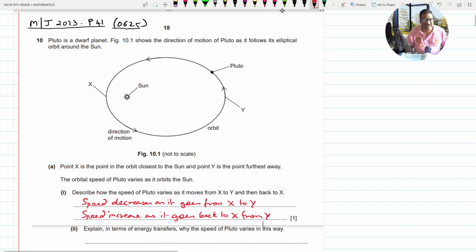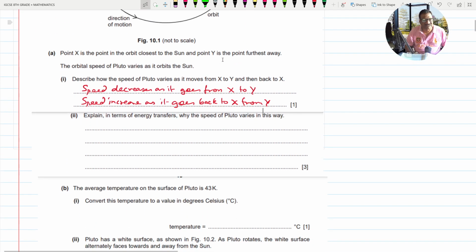Now A(ii). The question is: explain in terms of energy transfers why the speed of Pluto varies in this way. First of all, you should know that by the law of conservation of energy, the total energy remains conserved.